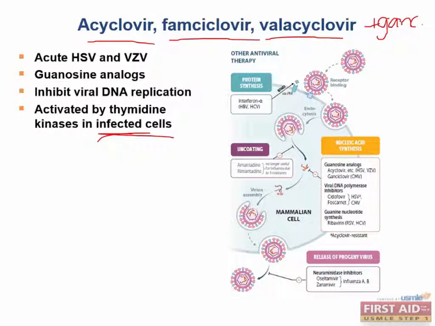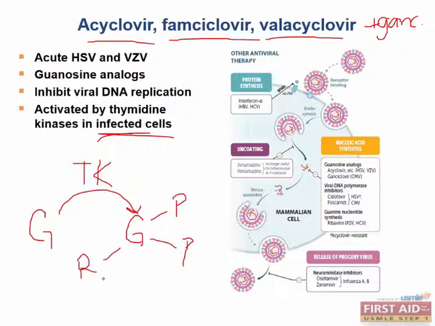They phosphorylate molecules. Very good, they add phosphoryl groups. So, in infected cells, this thymidine kinase exists to convert the guanosine analog into a monophosphorylated guanosine analog. This monophosphorylated guanosine is then further phosphorylated into its triphosphorylated form, which is the active form of the molecule. These viruses are able to become resistant to these guanosine analogs by mutating the viral thymidine kinase and making it so the drug is never activated.